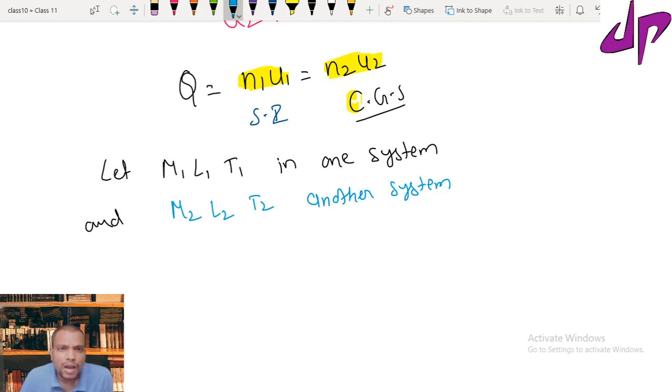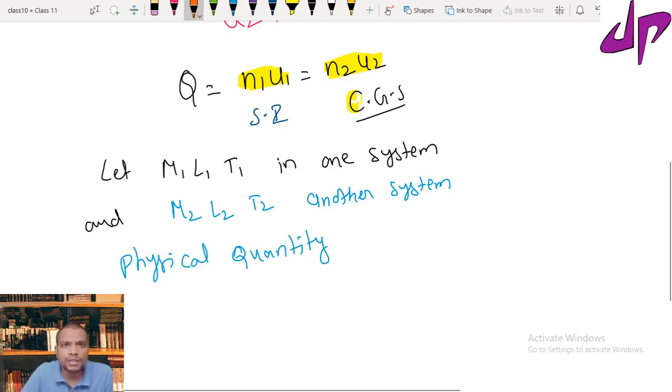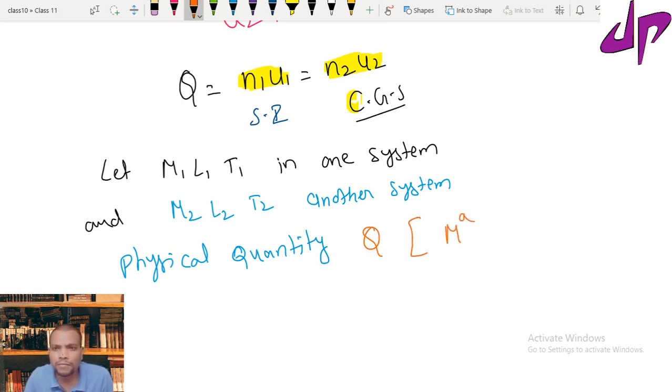Suppose I have taken a physical quantity, capital Q, having a dimensional formula M power A, L power B, and T power C. Just a formula.